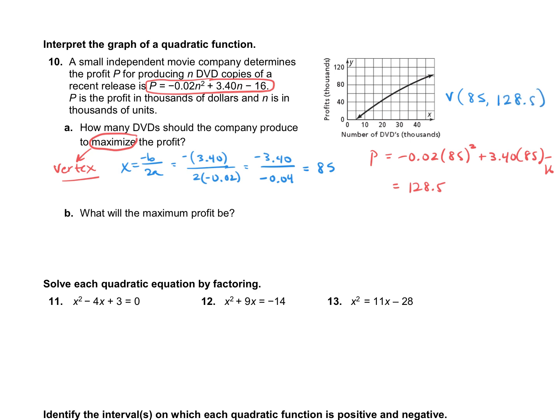Now what we want to keep in mind, since this quadratic function has context to it, this 85, which is in our x spot, is really this n variable. And they told us that the n stands for n DVD copies. Is it in thousands?